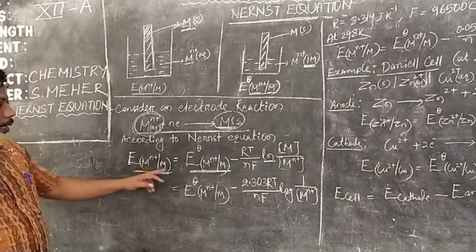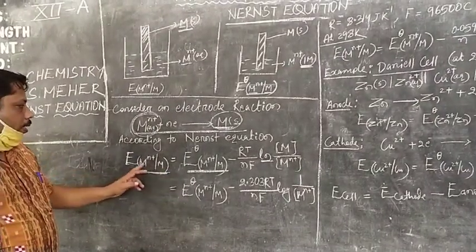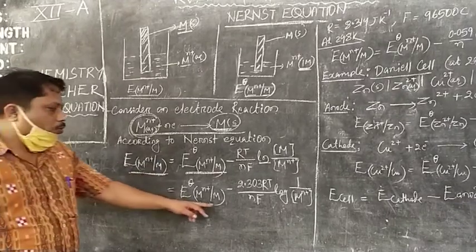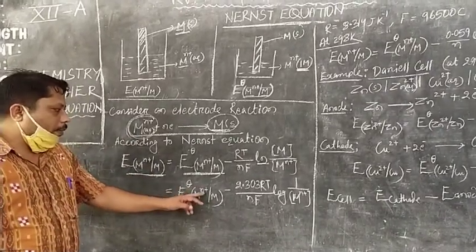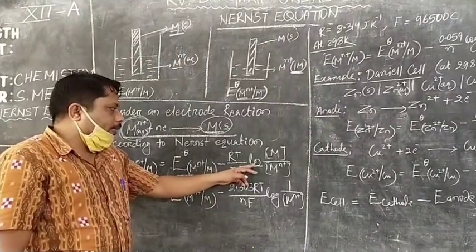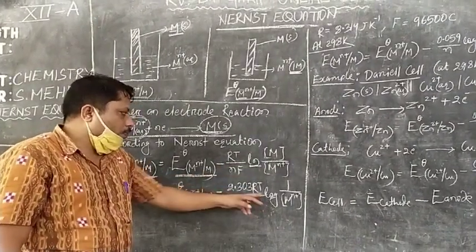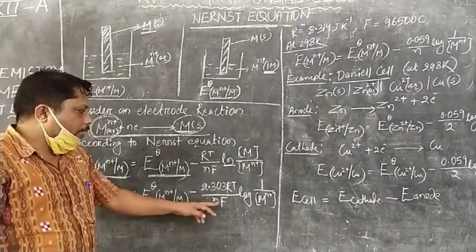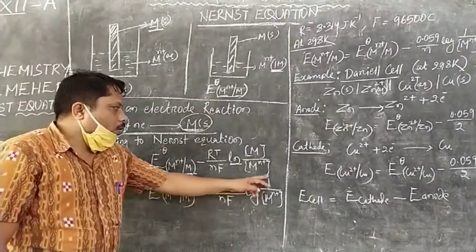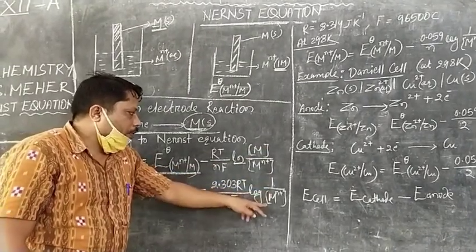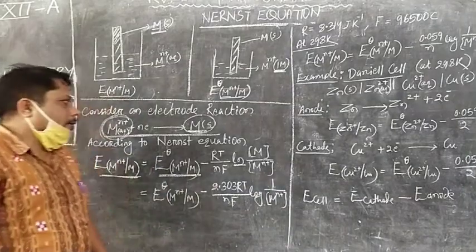So this equation can also be written as E M plus/M equal to E naught M plus/M, which remains the same, minus 2.303 RT by nF log, with concentration of M substituted as 1, by the concentration of this ion.